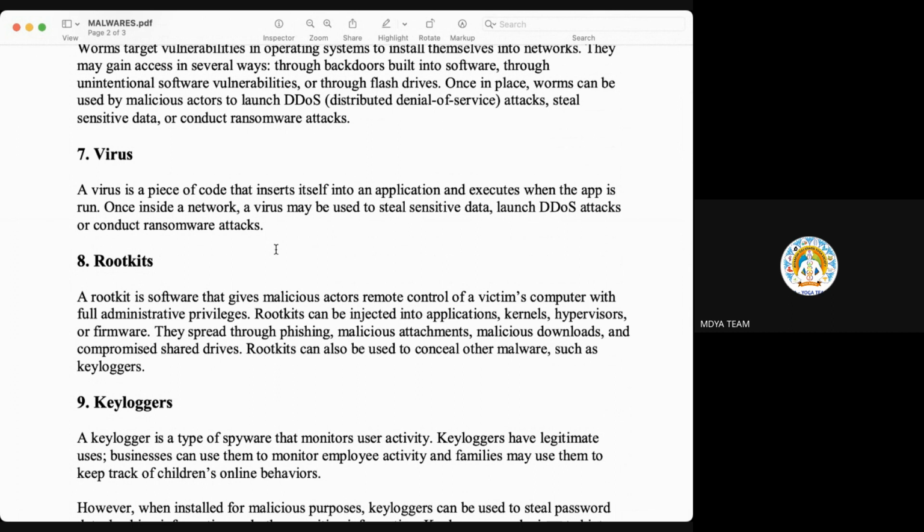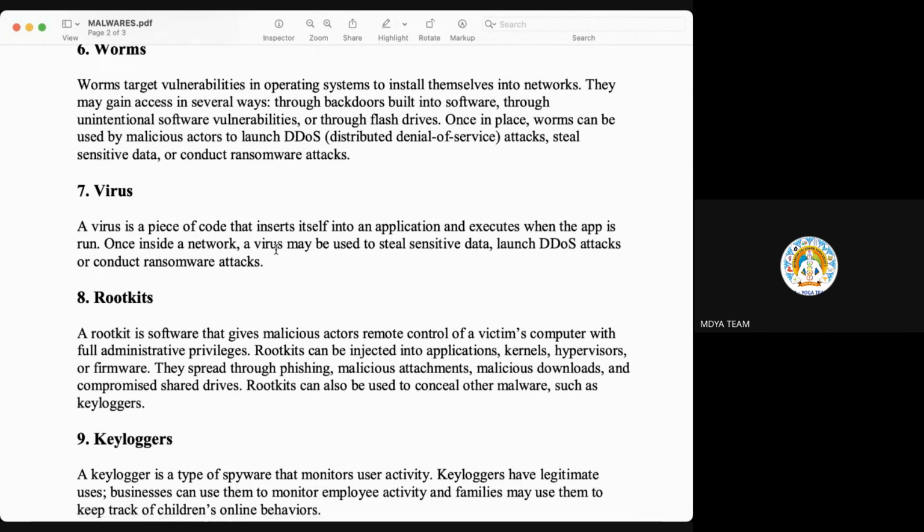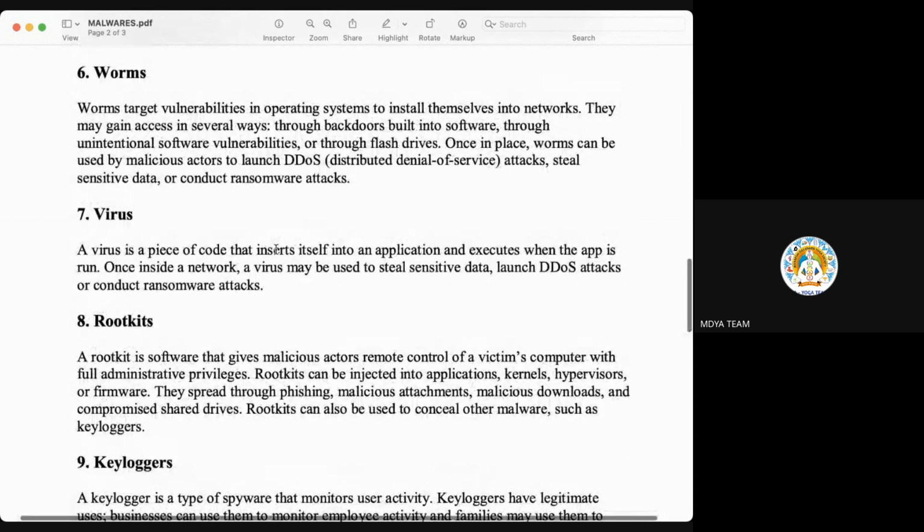Both are more or less the same, but this is a piece of code, and they access in several ways, through applications.